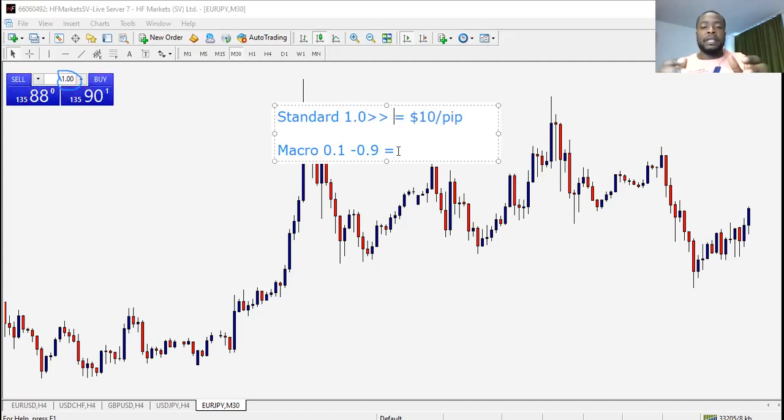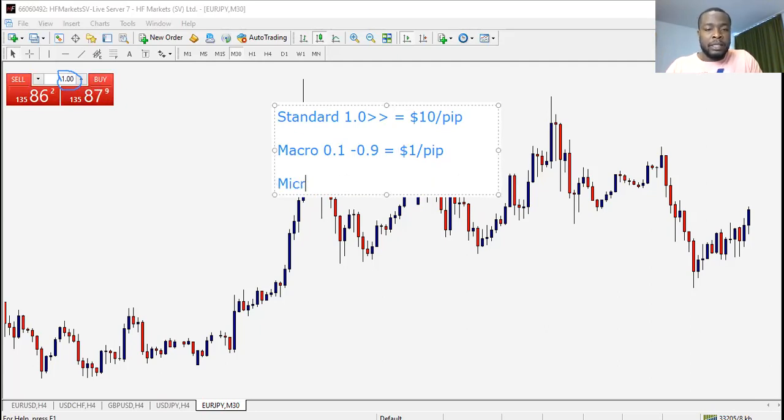So if you're trading with a lot size of 0.1, it simply means you're trading at $1 per pip. So every pip, every movement for you or against you in the market is measured at what? $1.